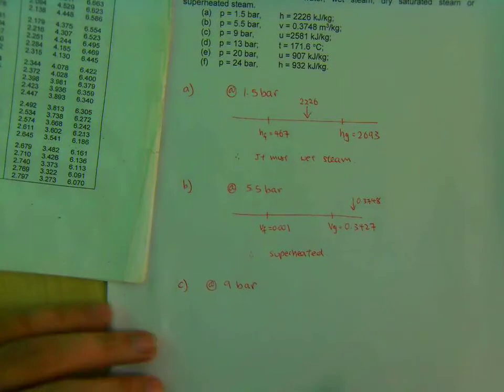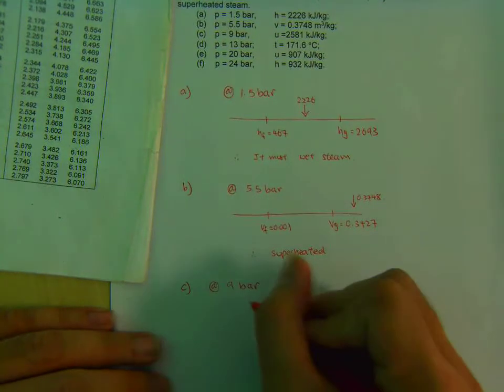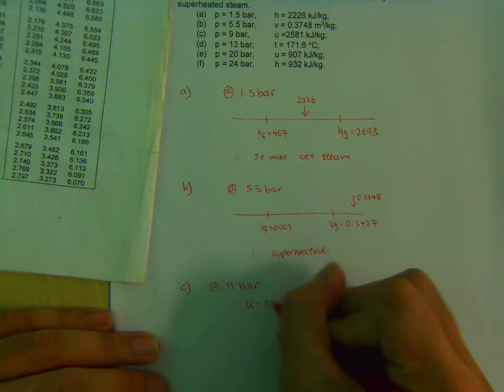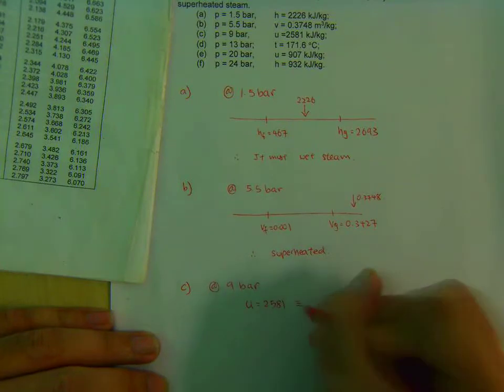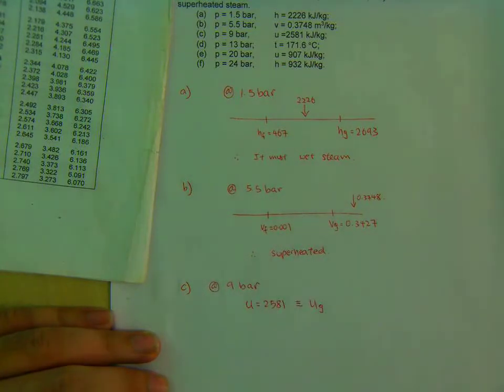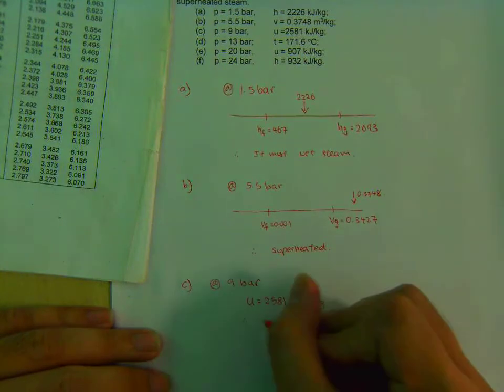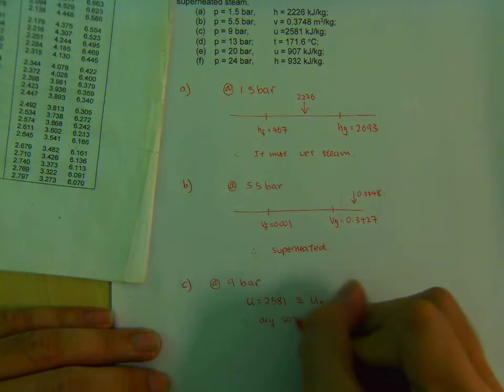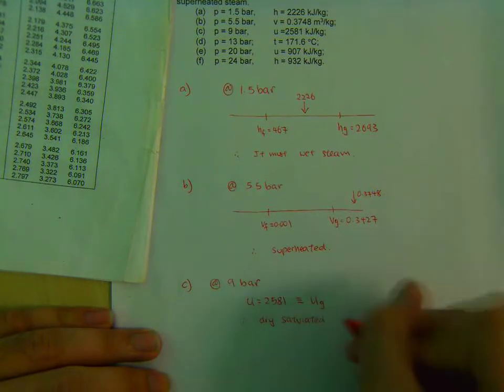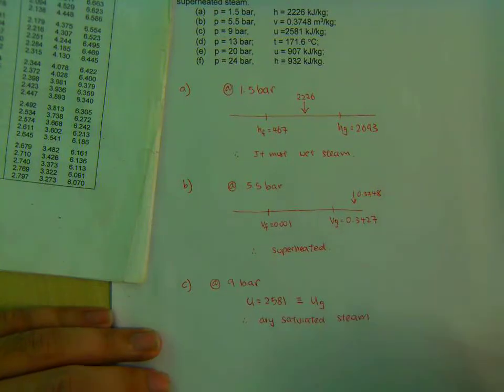We realize that the U given to us is 2581, which exactly corresponds to your UG. So therefore, it must be dry saturated steam. Simple as that.